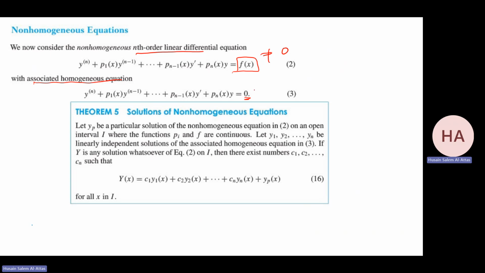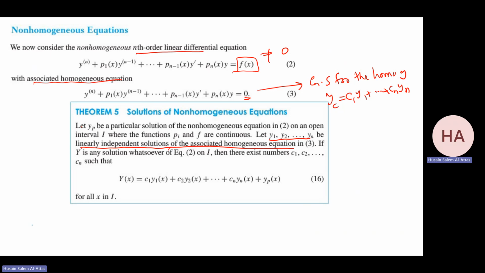And from there, I will get the general solution for the homogeneous, where I have n linear independent solutions. So I get what's called Yc. This is Yc, we call it C1 Y1 plus up to Cn Yn.